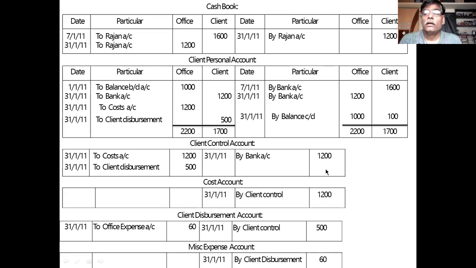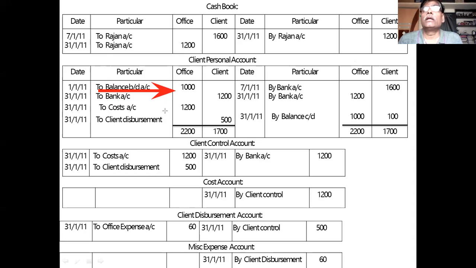Okay. I'll show you the procedure, how to make it. You see here. First, the opening balance. This is the opening balance you record here.